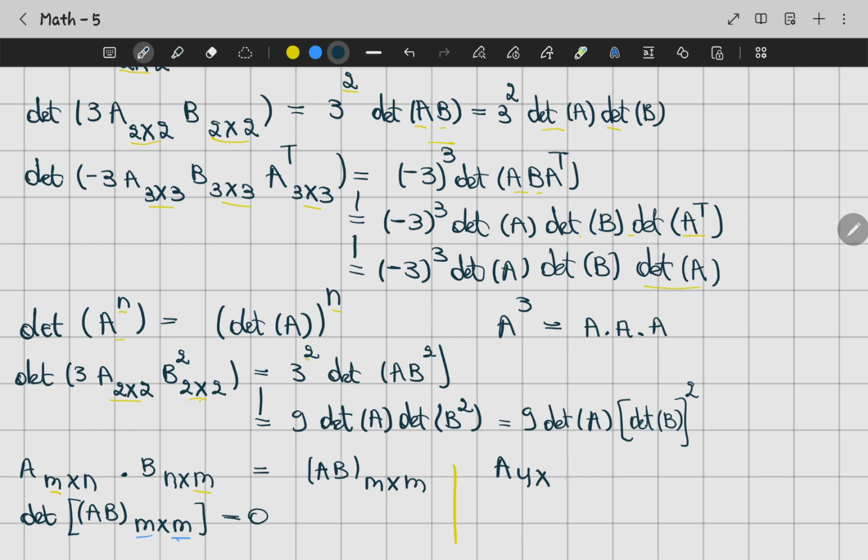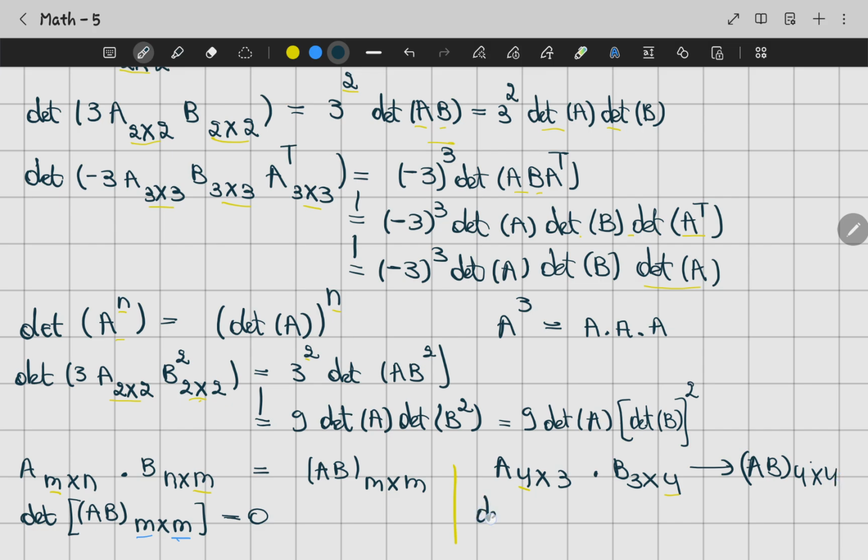4 times 3, multiply by B, 3 times 4. The multiplication of these two will give us AB, and we get 4 by 4, the size of the matrix.